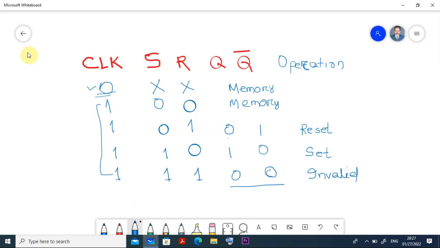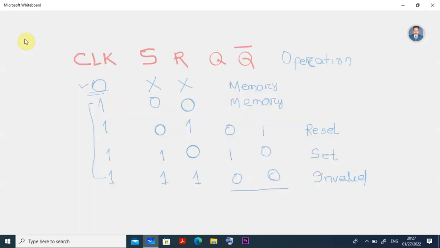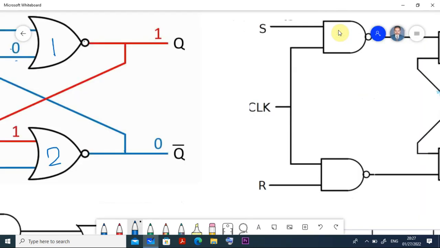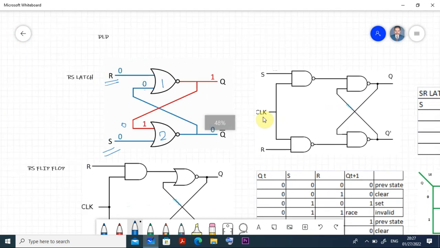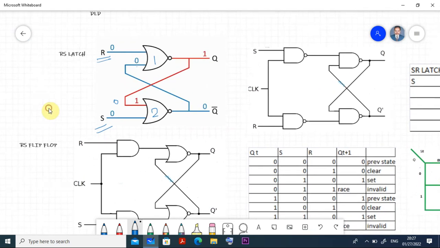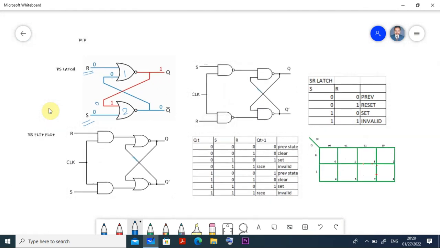Now if you roll back to our previous one, I come to this one now. Let me check what is happening here. We left it here and we have gone to that one. Now you can see I am putting two types of flip-flops here.